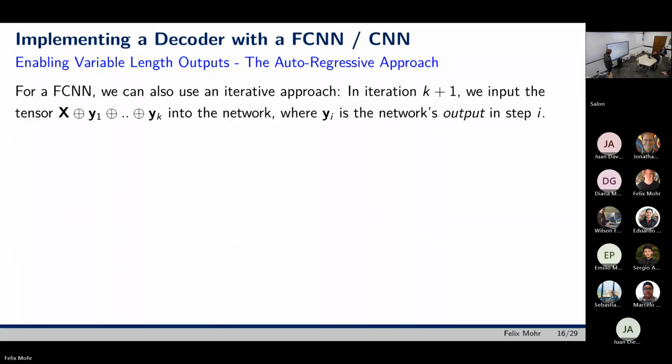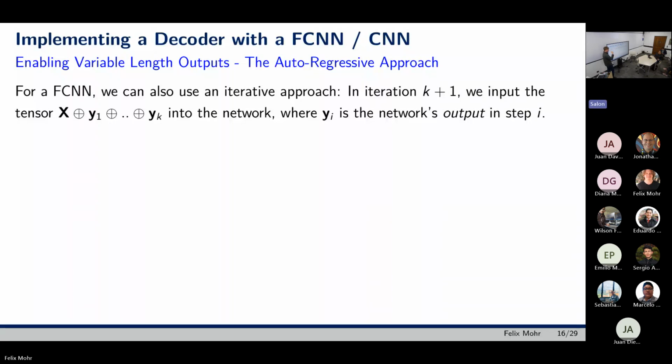So in an iterative approach, we would say, we now do a loop. And in each iteration of the loop, like in iteration k+1, what we input into the fully connected network is the tensor, well, the original input sequence that we had, like the English sentence, but also everything that we ourselves have predicted before.